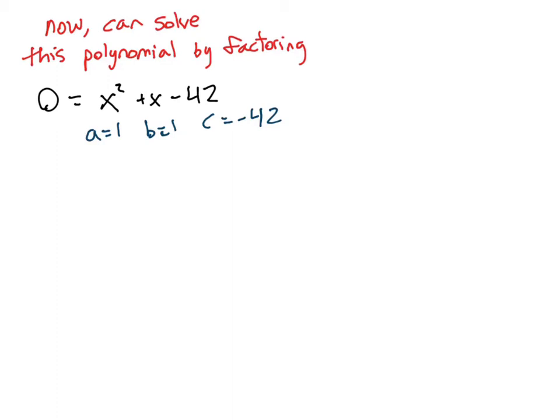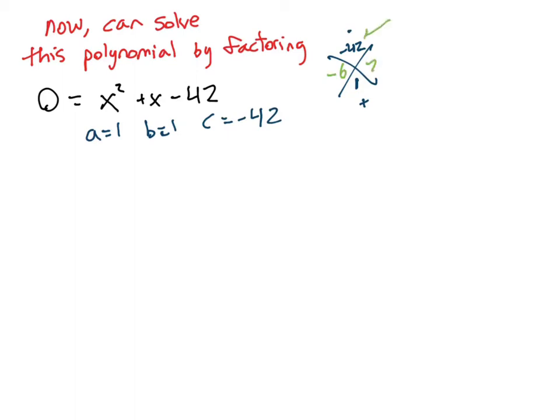So to separate this polynomial into factors, the puzzle that we need to solve is find two numbers that will multiply together to equal c, negative 42, and add together to equal b, which is positive 1. So a couple of numbers that will do that for us are negative 6 and positive 7.